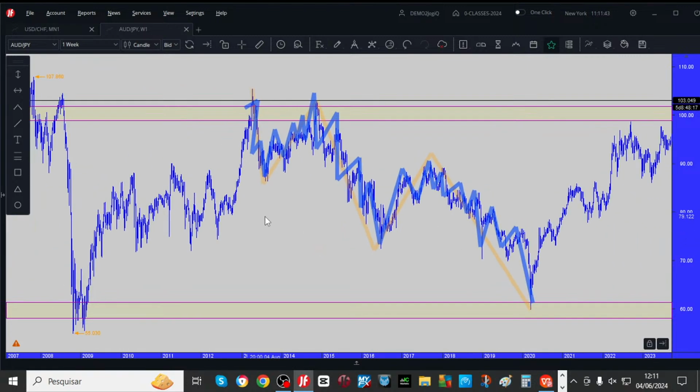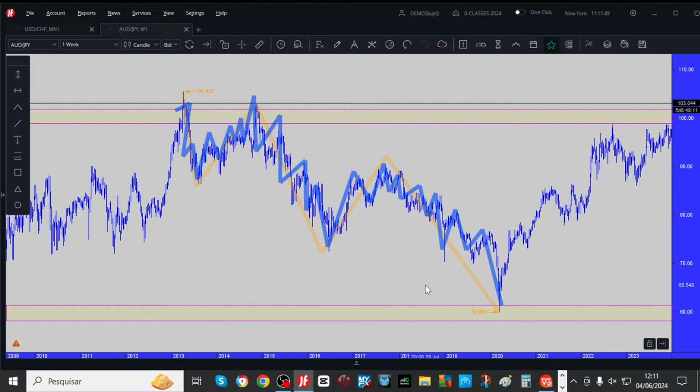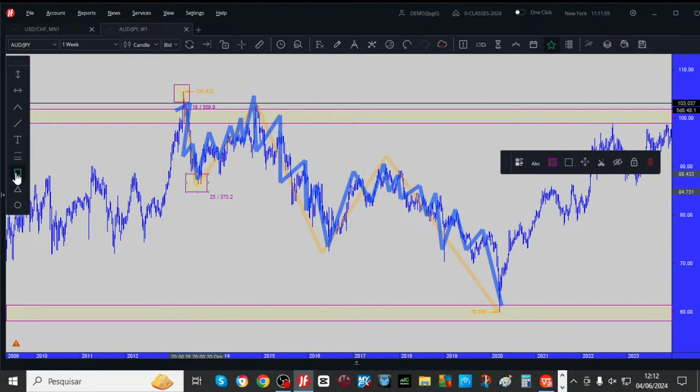Then what you should have learned is that the market moves according to the market wave, also called the market structure trends, and those highs and lows are called the relevant highs and lows. Just an example.